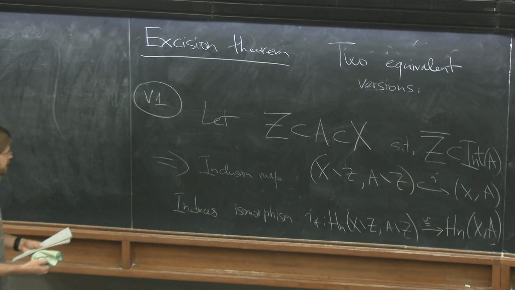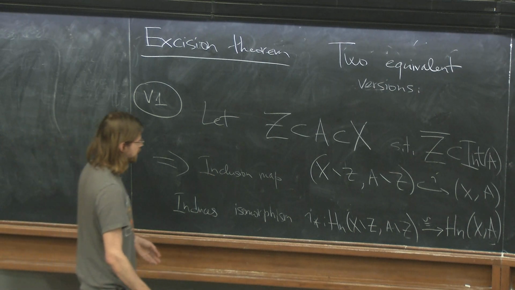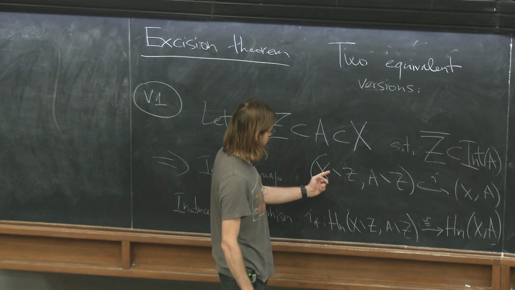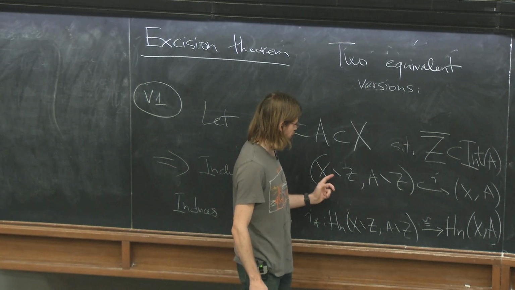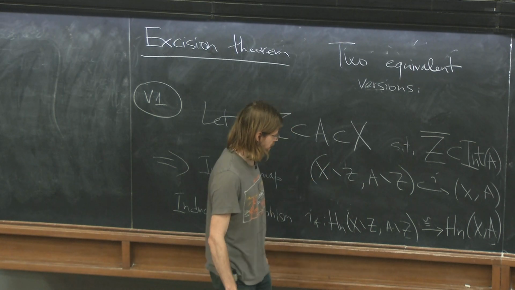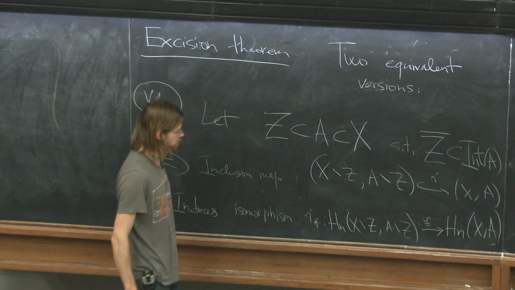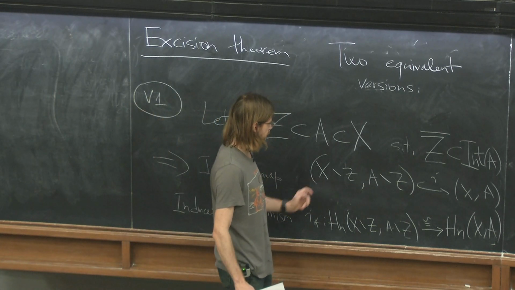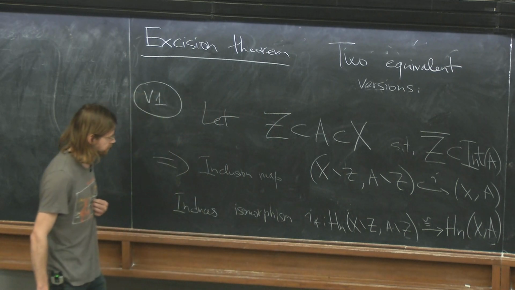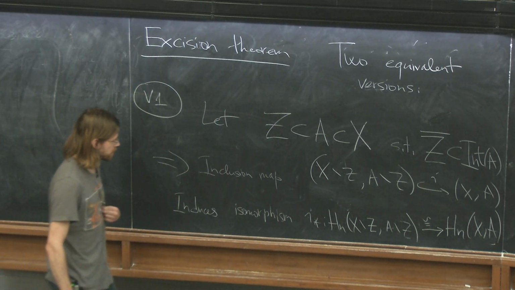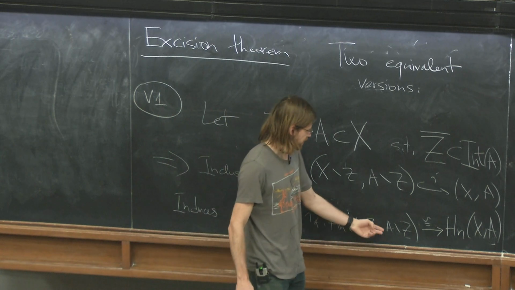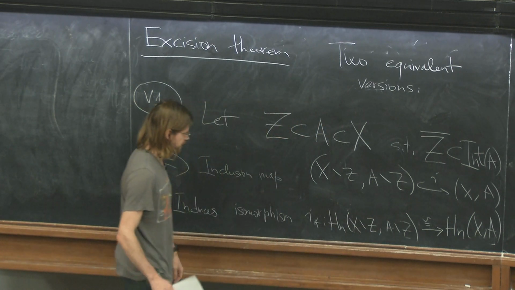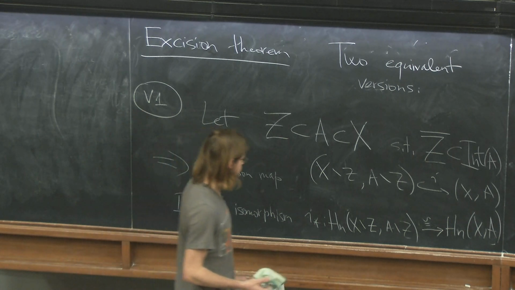So why is it called the excision theorem? From this kind of pair, you can excise a common subspace, and this will do essentially nothing on homology. Excise it simultaneously from A and X. So the homology of this pair with excised Z is the same up to an isomorphism.